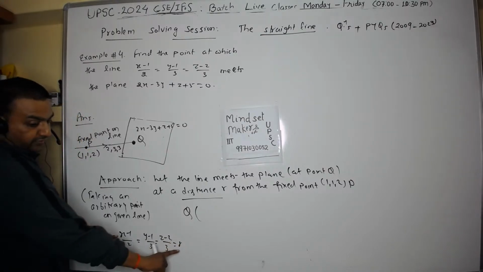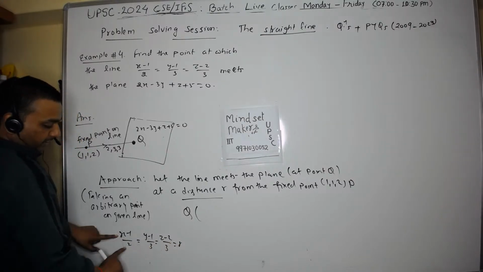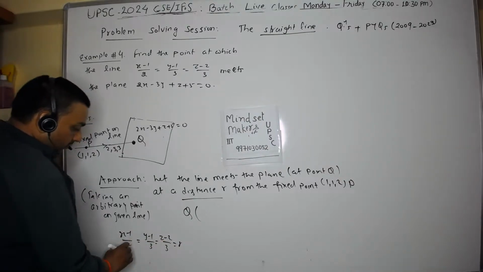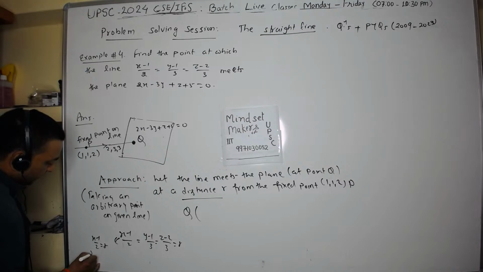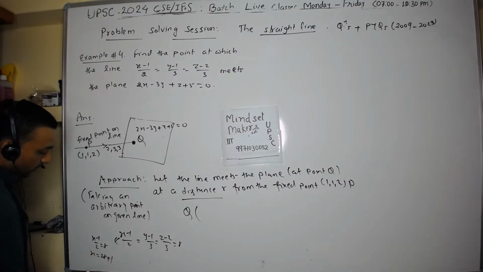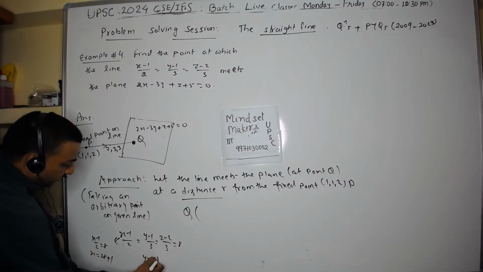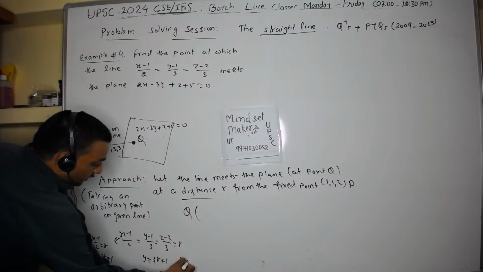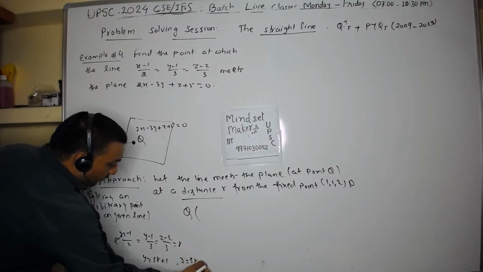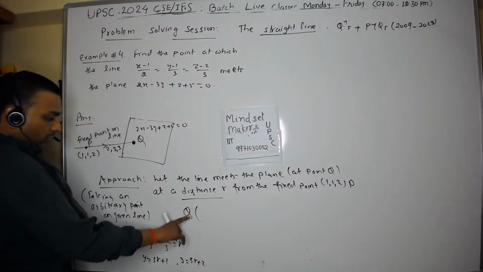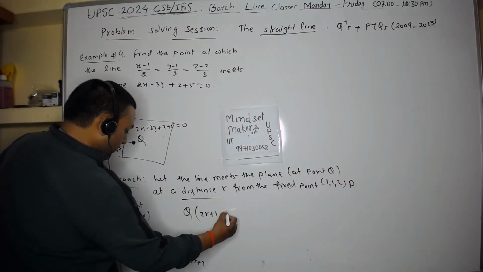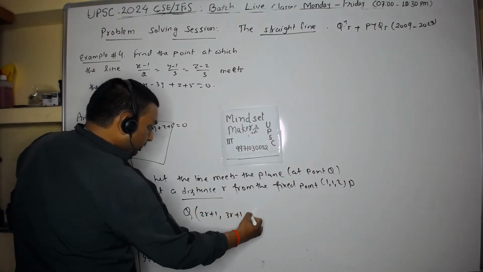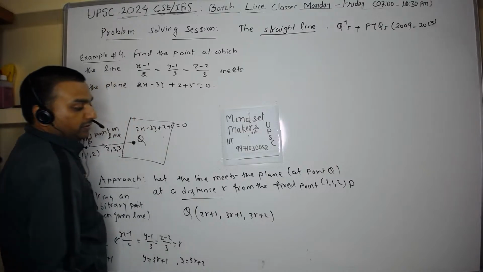If x minus 1 upon 2 equals r, then x will be 2r plus 1. Similarly, y will be 3r plus 1, and z will be 3r plus 2. So the coordinates of q are 2r plus 1, 3r plus 1, 3r plus 2.